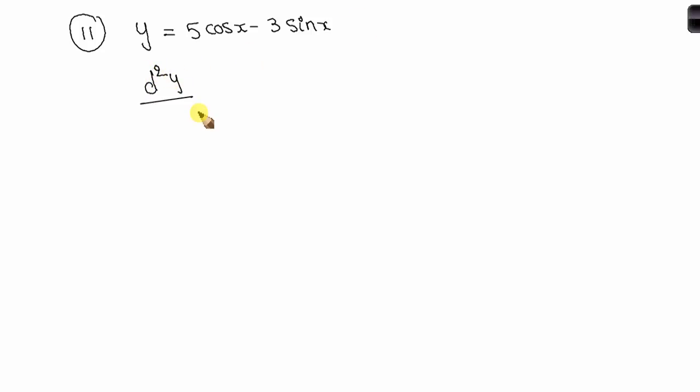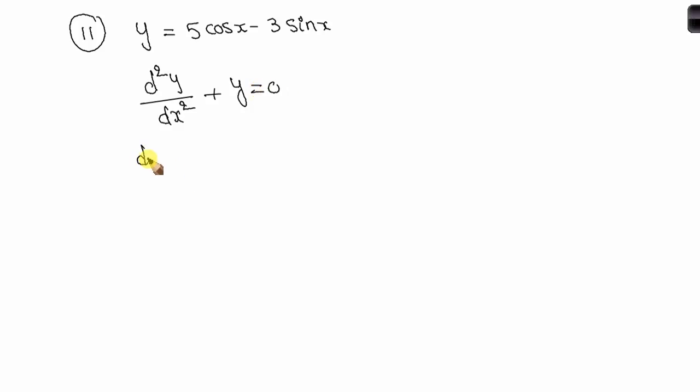So the question given to us, the 11th question from the CBSE book, is y is equal to 5 times cos x minus 3 times sin x. Prove d square y by dx square plus y is equal to 0.